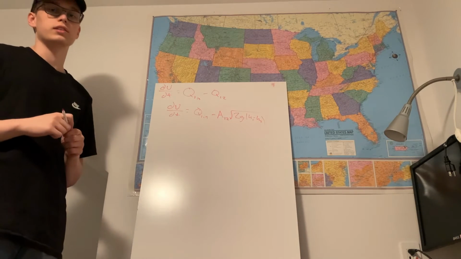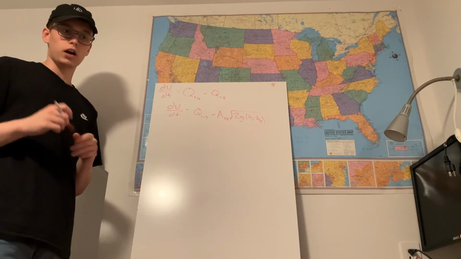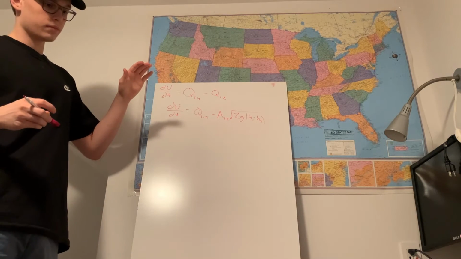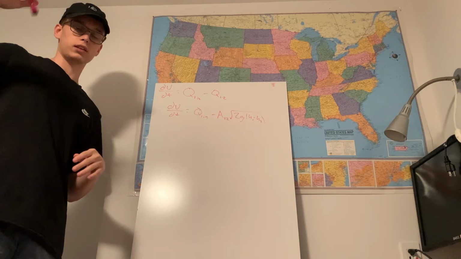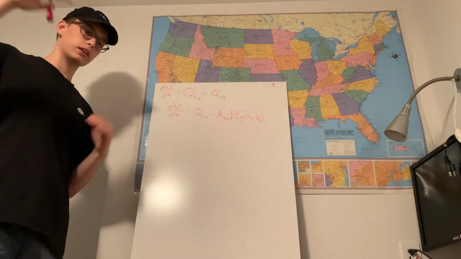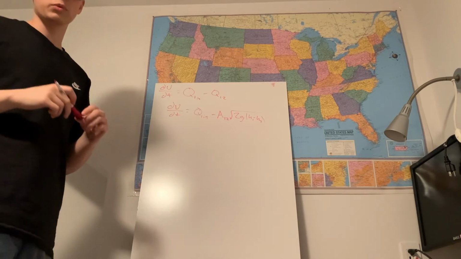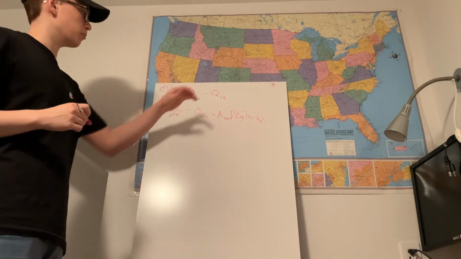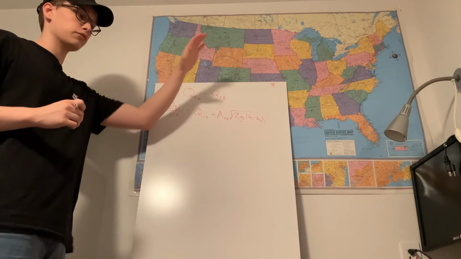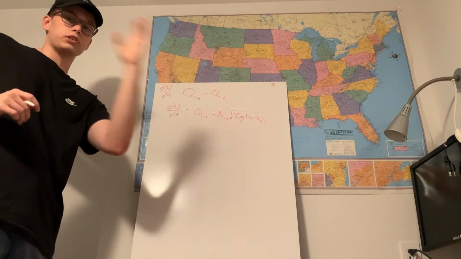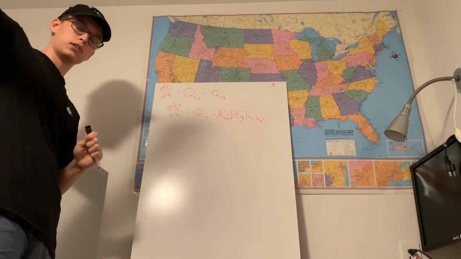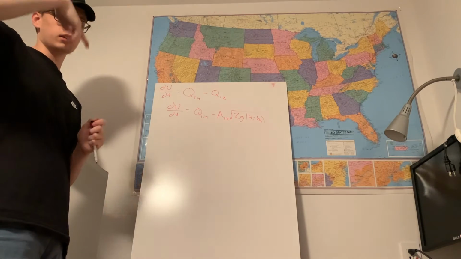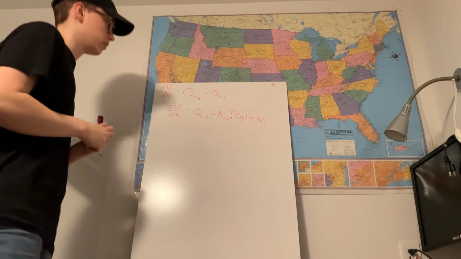heights are no longer at steady state, we can take into account whether or not the height of the liquid in the second tank is actually greater than the height in the first tank. Because this whole time we've been writing our equations as if the flow is going from the first tank to the second tank. But actually, if our liquid level in our second tank is higher, it's not going to do that.